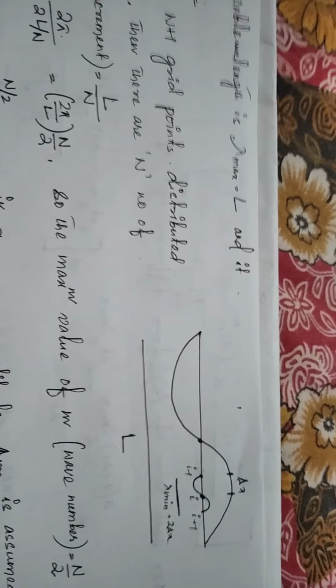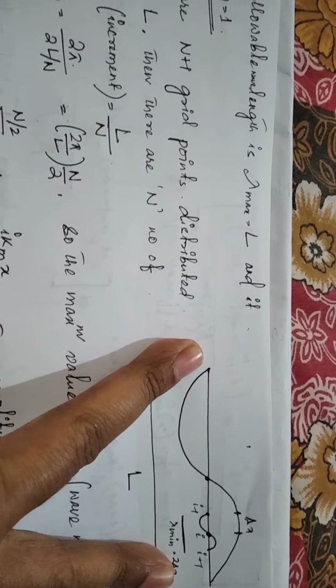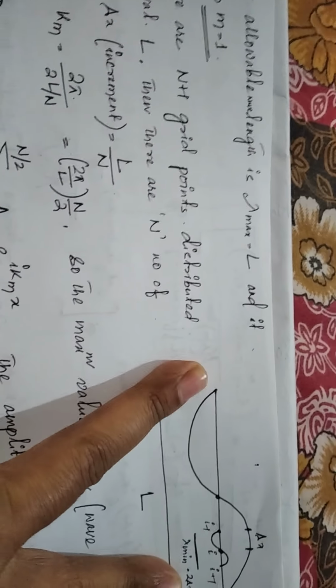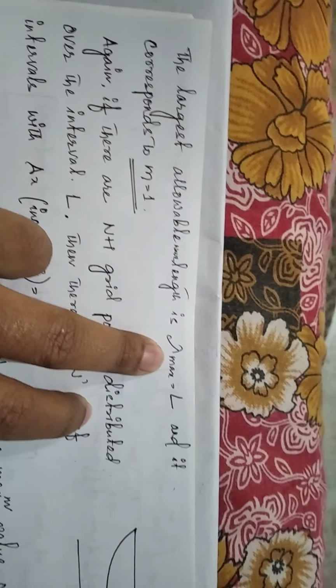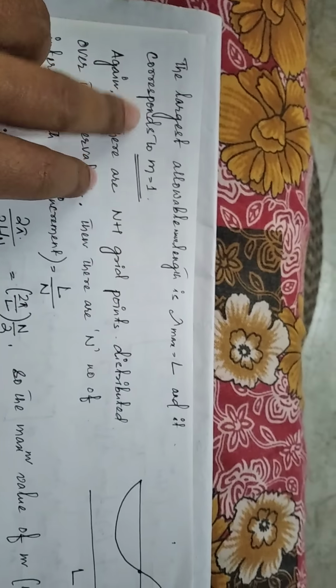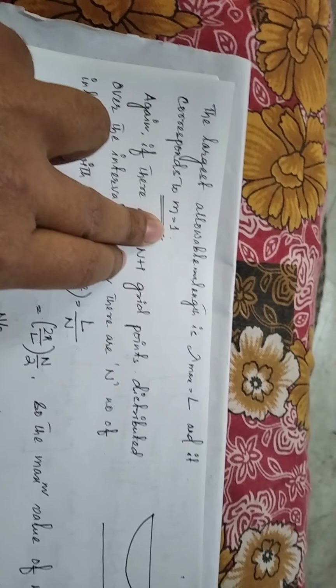So if there is only a single wave of length L, that is, the maximum wavelength is L, it corresponds to m equal to n.